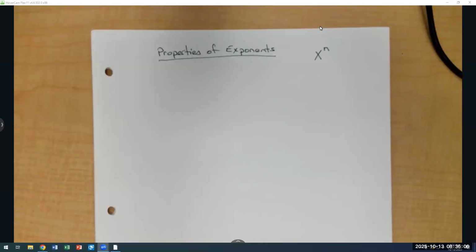N. What does n represent? Any number, from negative infinity to positive infinity. Does it have to be a number? No. It could be an equation. It could be a symbol, like pi, or cosine of x. It could be anything.